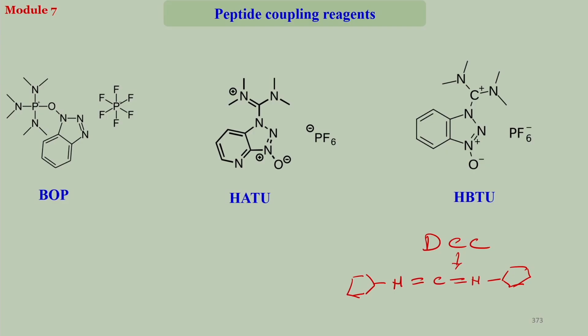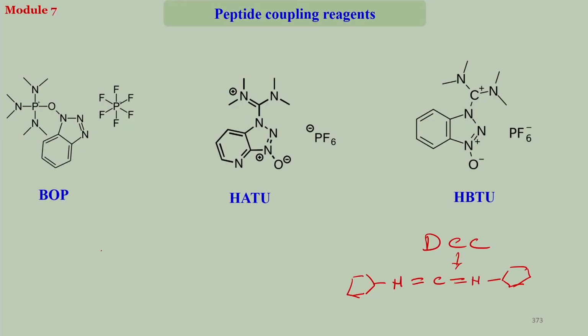So all these coupling reagents are mostly used to activate the carboxylic group. These carboxylates are usually targeted to be activated. So once you activate this, then the free amine can react. So you can see the complicated structure.